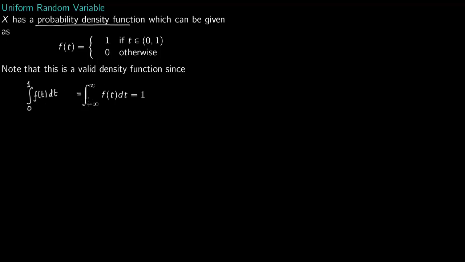So from minus infinity to 0, f of t would be 0. From 1 to infinity, f of t would be 0. So they will not contribute anything to the integral. And this is equal to, since f of t is 1 between 0 and 1, the integral from 0 to 1 of dt, since f of t is 1 in this interval, and you integrate this, you just get 1.